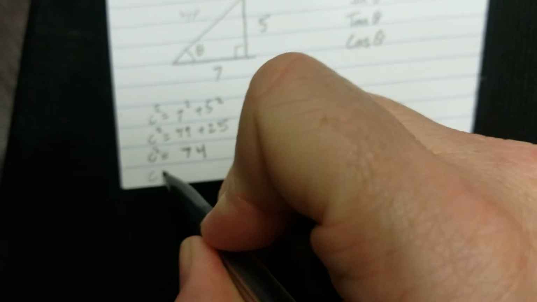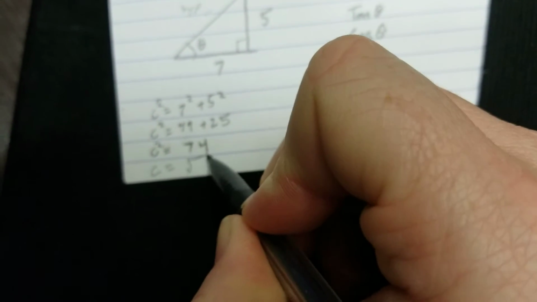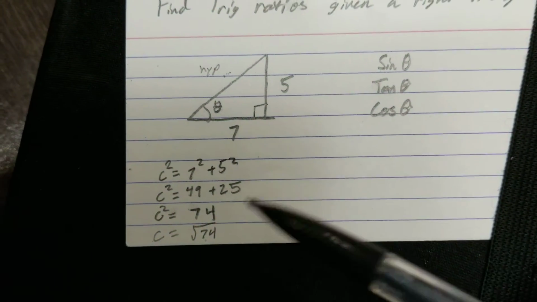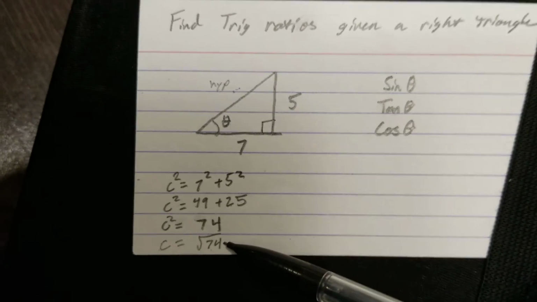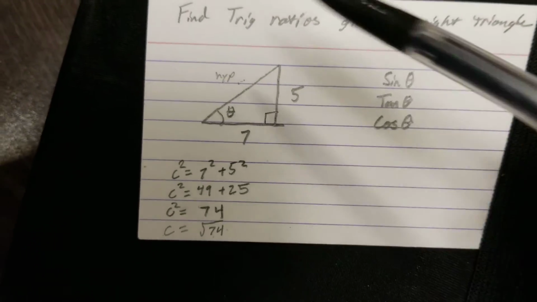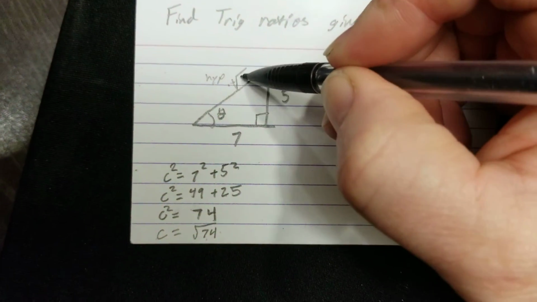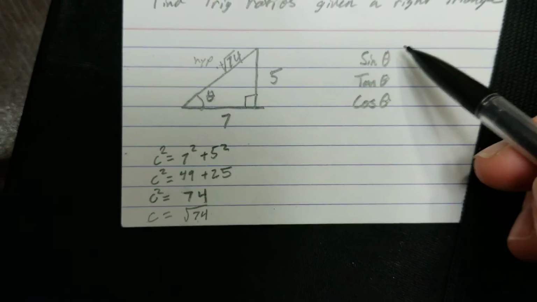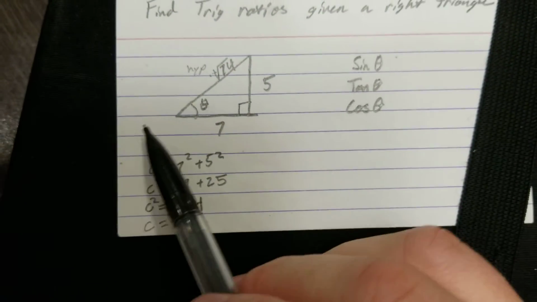That means c will equal square root of 74. Now I'm choosing positive here because this distance cannot be negative. So this is going to be square root 74.